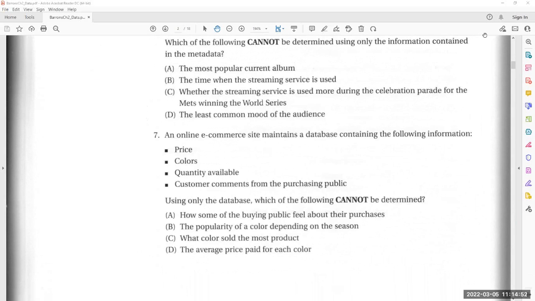Number 7, let me have Malcolm McPherson. You have so much data, and then which one you cannot determine.